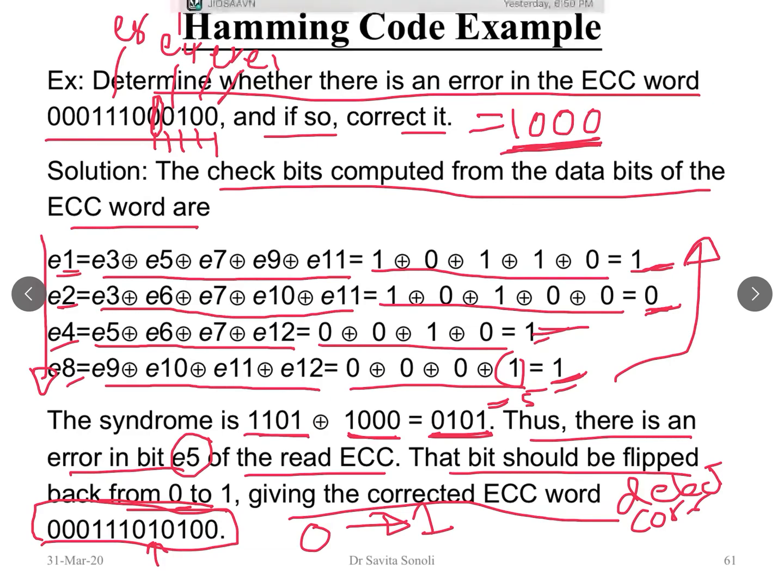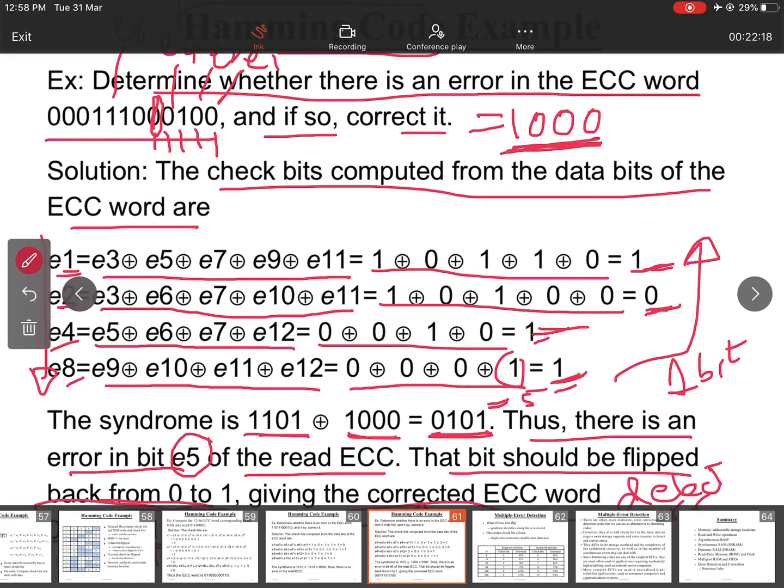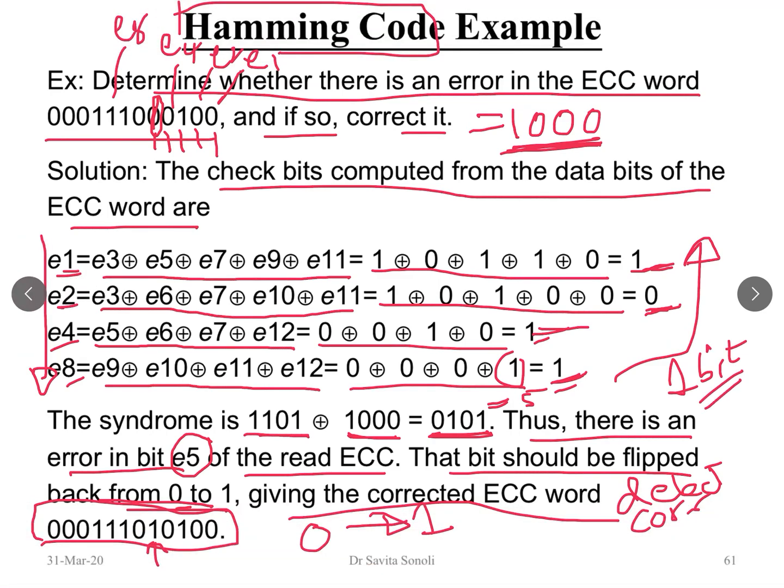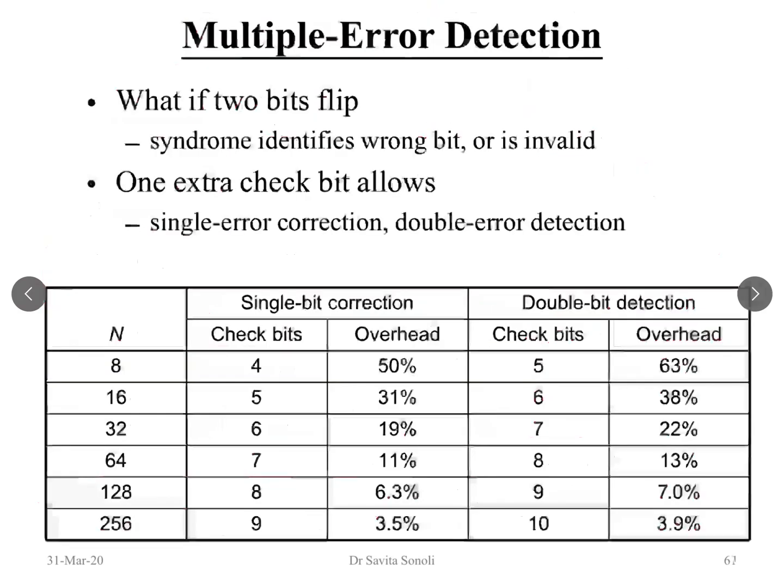Using Hamming codes. So using Hamming code, we can detect and correct the single bit. If there is a problem with one single bit, using Hamming code we can do the correction. So hope you have understood the problem. You are going to practice this problem again at home.